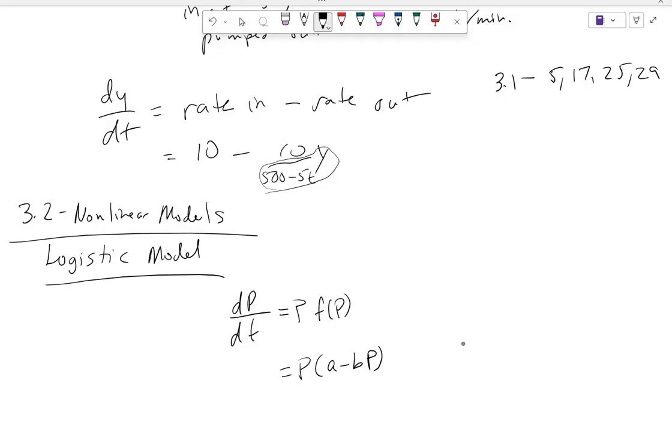For air resistance, you end up with something that looks like this. I'm just writing it down because they actually give you the formula in the problem. It's the mass times the derivative of velocity equals mass times gravity minus something proportional to the velocity squared. This is what's affecting your air resistance. So the faster it goes, the more drag you get on your velocity change.